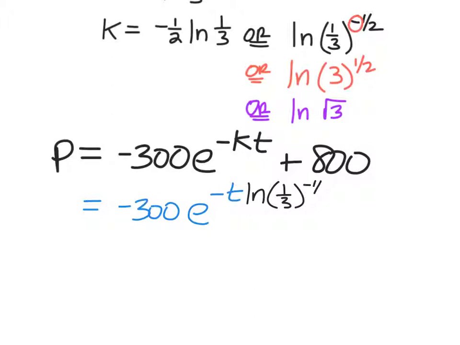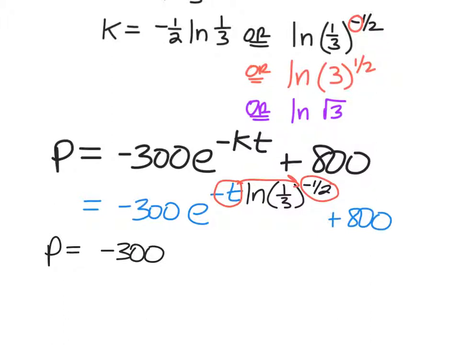Yikes. That's a Monday morning. All right, because that's going to allow me to consolidate these two things, put them together, and come up with p equal to negative 300 something plus 800.